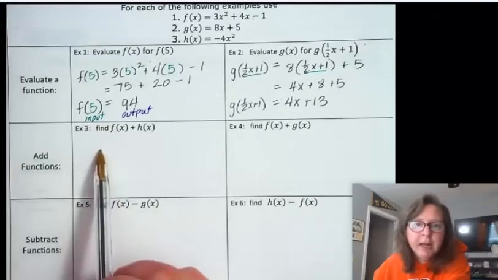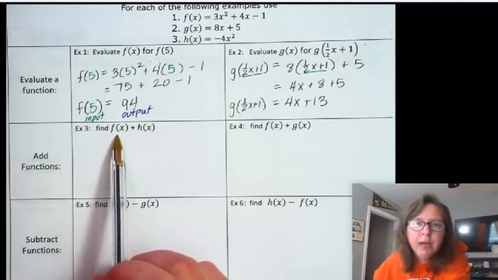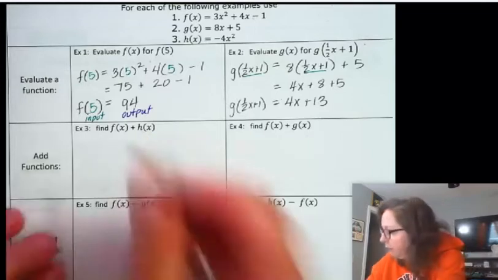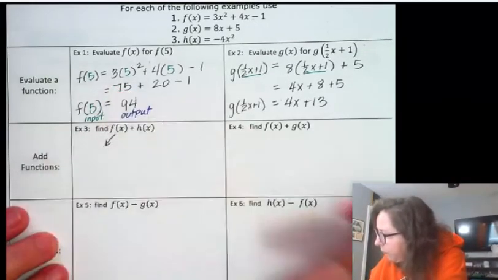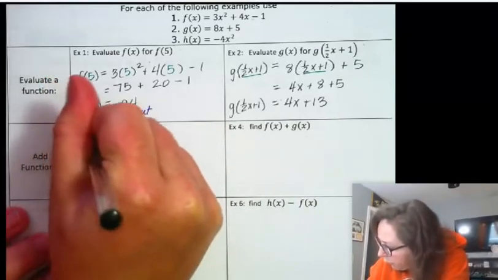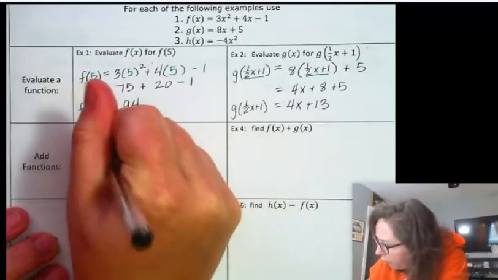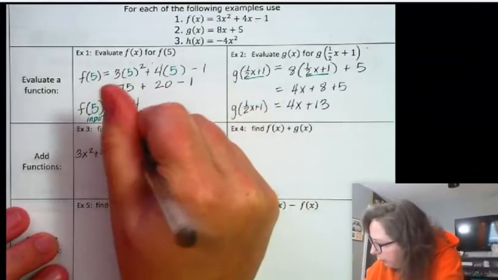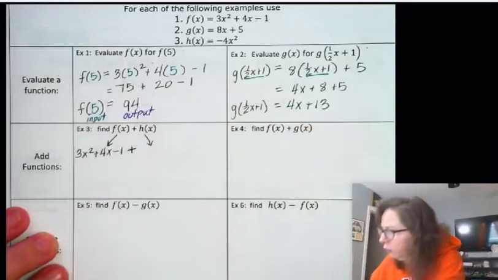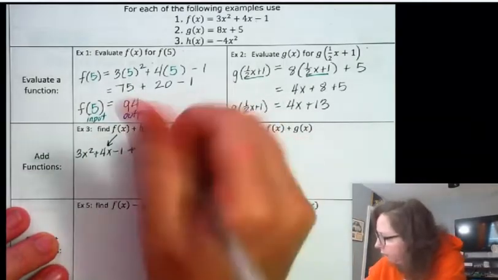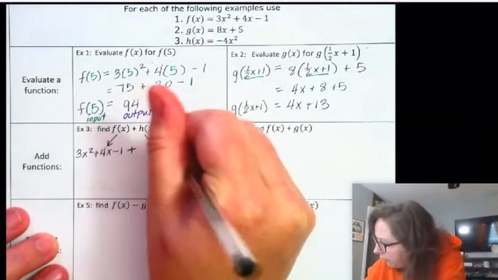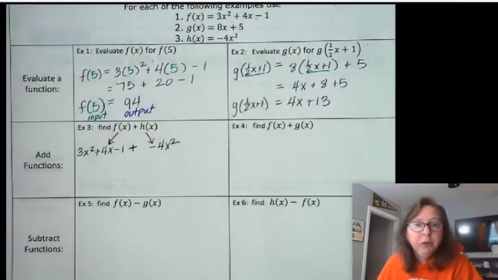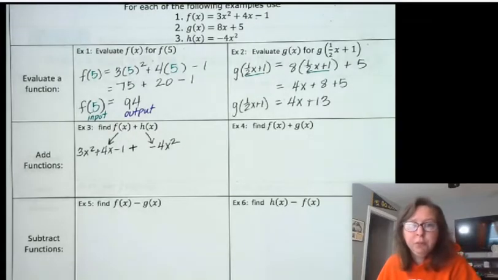Let's take a look at adding functions. So we're going to do f of x plus h of x. Okay, so f of x is 3x squared plus 4x minus 1 plus my h of x is negative 4x squared. So what I'm going to end up having to do here is just combine any like terms that I have.